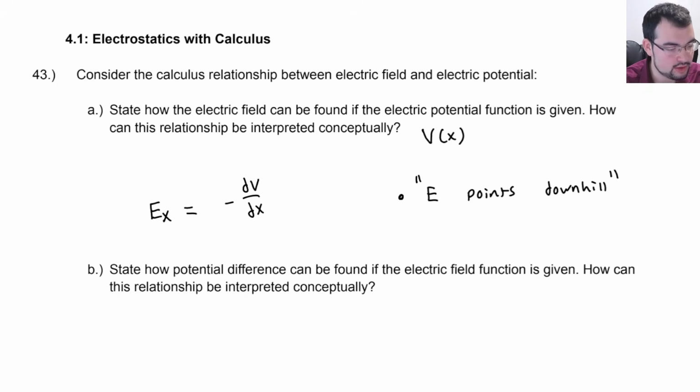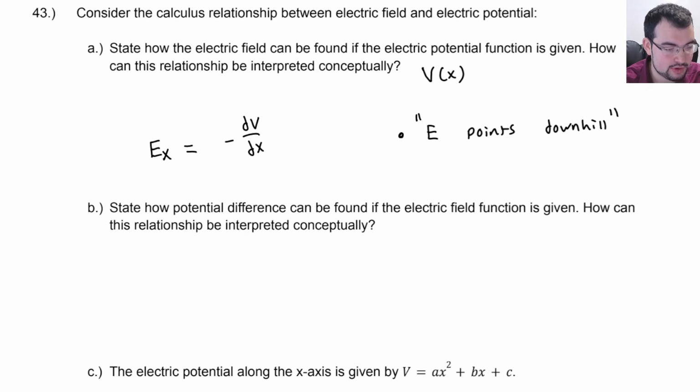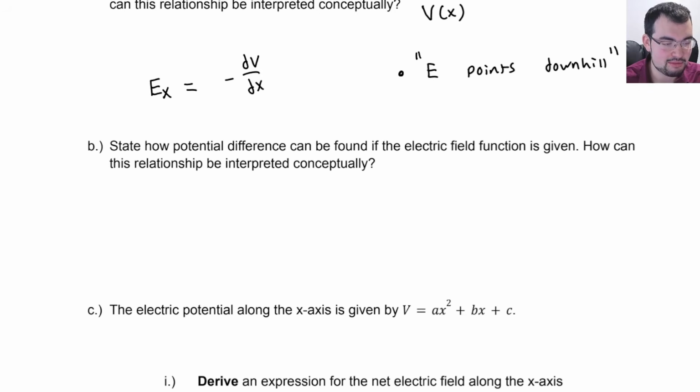And then if you have to go the other way, where we know that E is the slope of V, that means that if we add up all of our E field, that's going to tell us the total change in V. So instead, we could rearrange this relationship to say delta V is equal to the negative of the integral of E dr, or in any direction. So how do we interpret this?